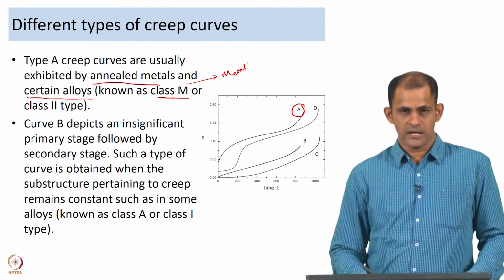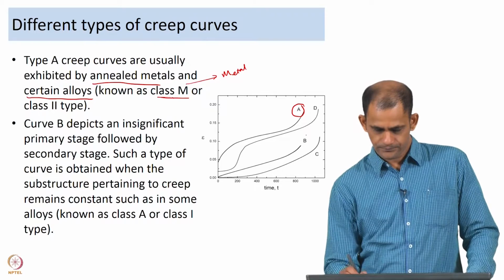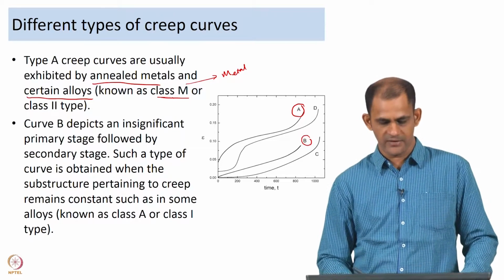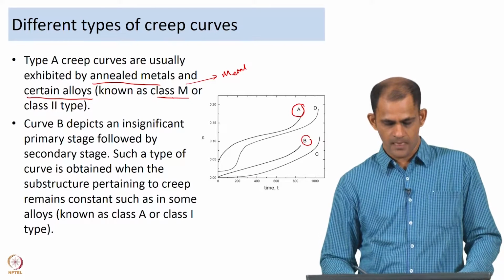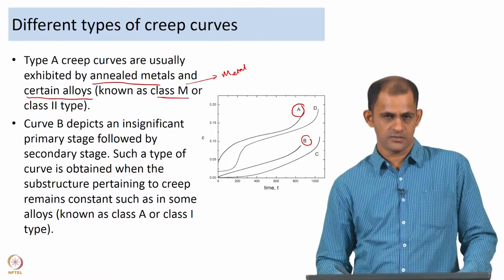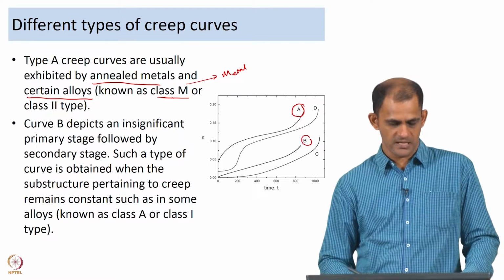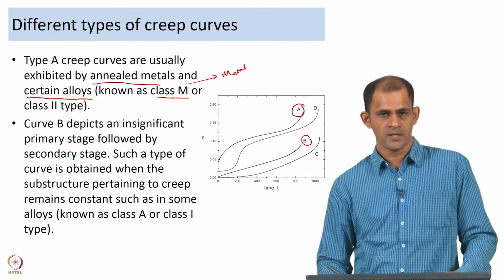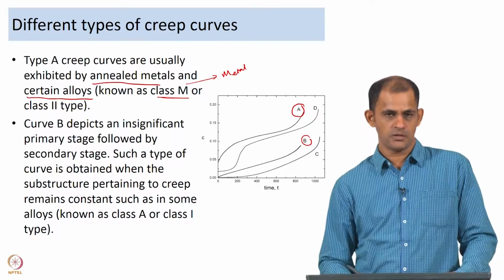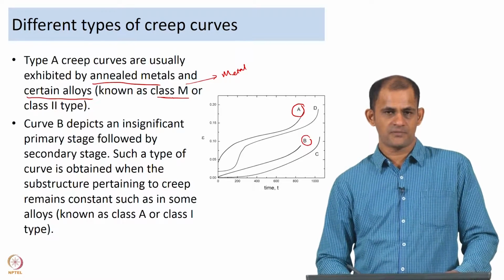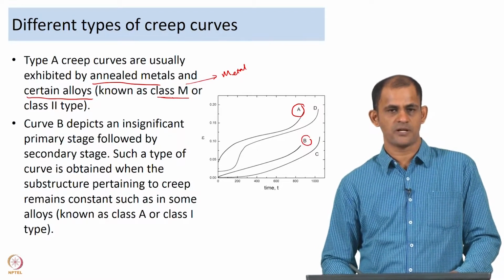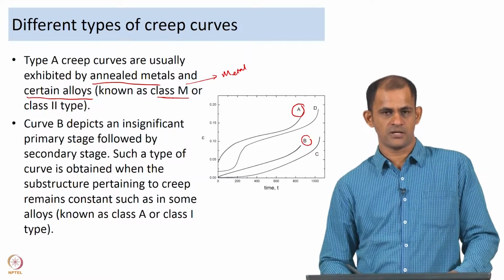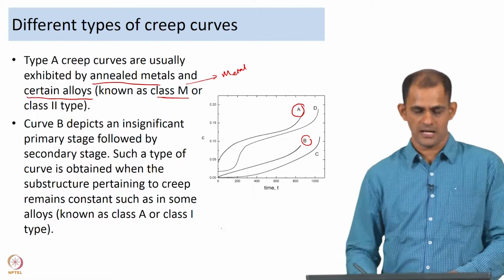Now, let us look at curve B. If you see, curve B depicts an insignificant primary stage. Here the primary stage is very small, and it is followed by a secondary stage. Such a type of creep curve is obtained when the substructure pertaining to creep remains constant, such as in some alloys known as class A or class 1 type.